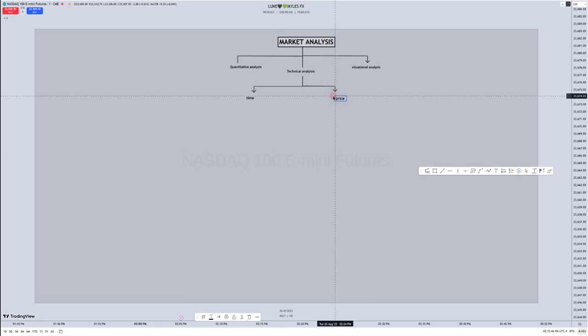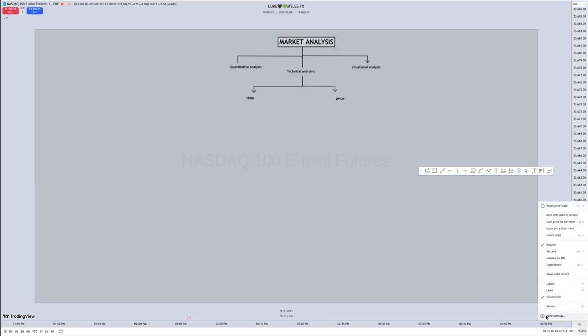Like price, you very well know I'm talking about price action. Then time, what's the time that we use? We trade in a time zone. Depending on any location, wherever you are, the time zone that you have to be trading in is the New York time zone.